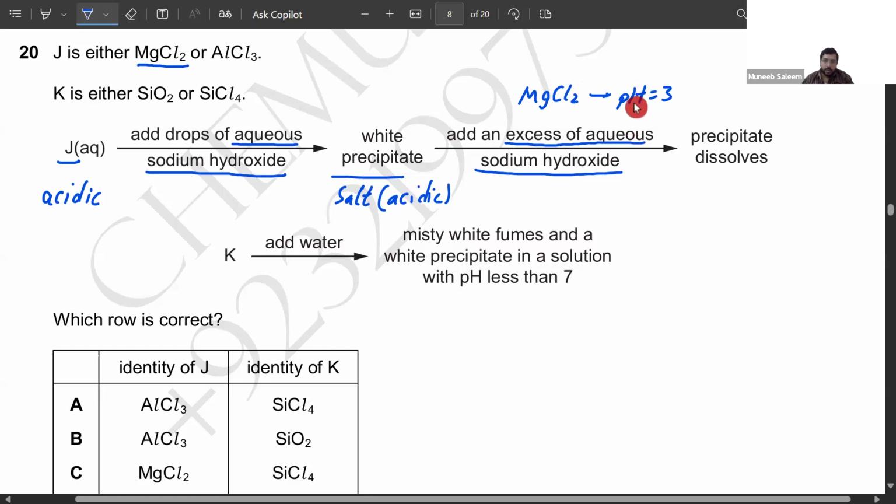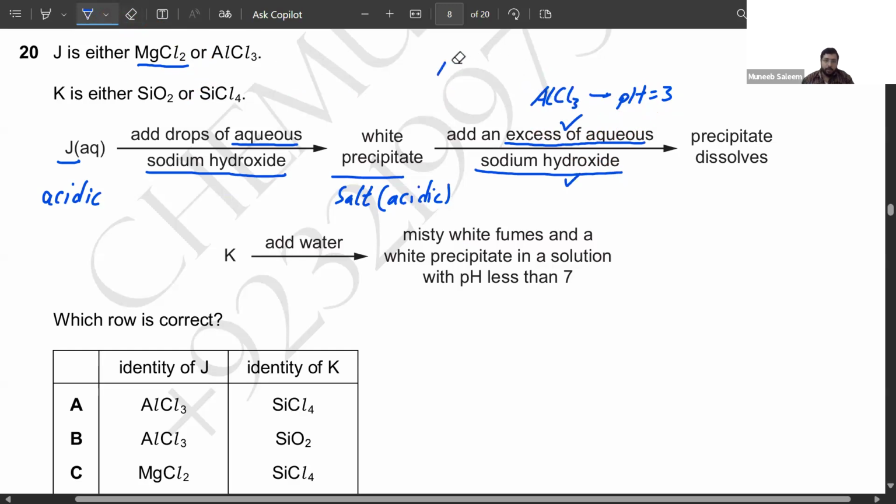That means this pH 3 solution can still react further with the sodium hydroxide. So that's why this would be only AlCl3, not MgCl2. My mistake, I should write AlCl3 because AlCl3 provided a solution of pH 3.